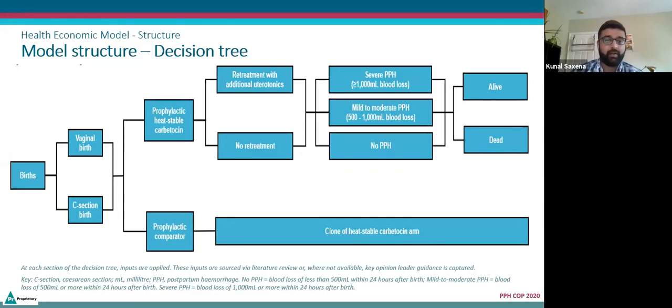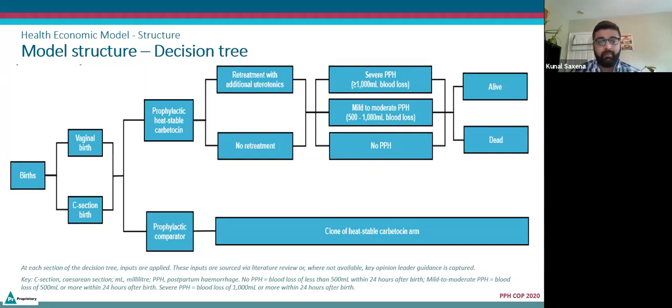So it starts with women who are going to deliver, and then they will be categorized into two different categories under vaginal birth as well as C-section birth. And then once they're categorized, they will be administered either a prophylactic heat stable carbetocin or a prophylactic comparator.